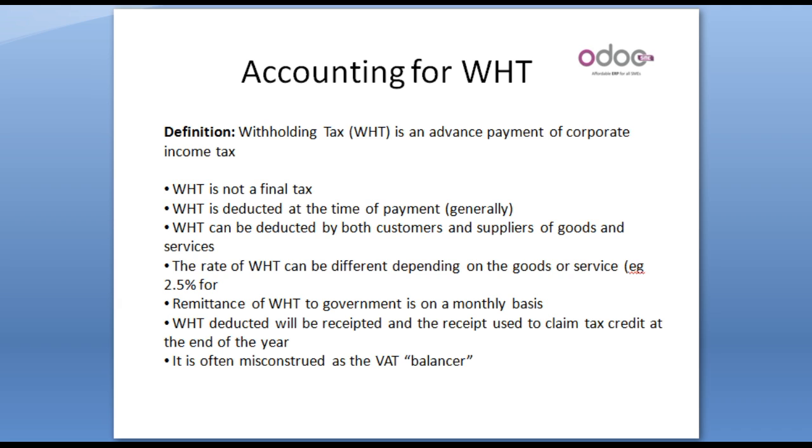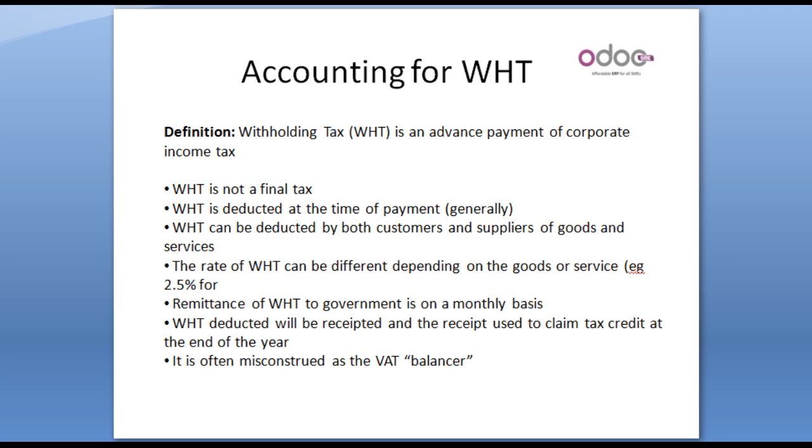And your customers will continue to do this on all the goods and services that you render by deducting this withholding tax. And then at the end of the year, or when you want to file your tax returns and pay your tax liability, you'll be able to use all of these deductions to offset, at least in part, your tax liability.